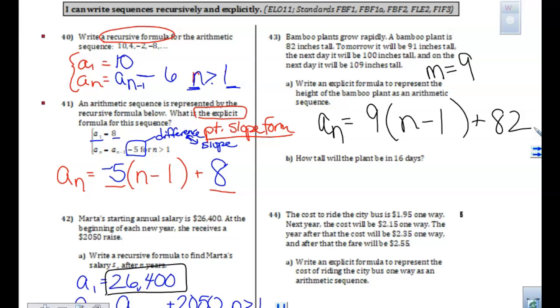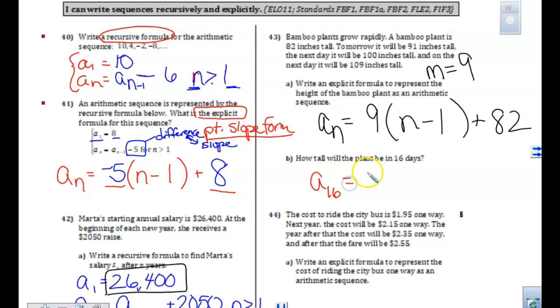So it says after 16 days. Okay? So if I'm thinking after 16 days, Claire, I'm thinking of doing what to this equation? I'm going to find a sub 16, right?